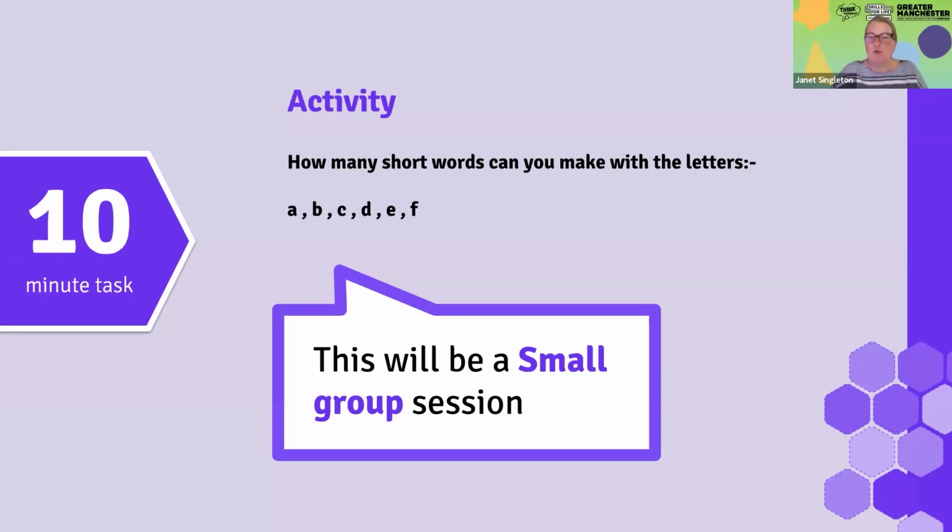Okay. Can any other room beat 26? So room 2, room 3. Anybody got more than 26? Go in the chat. Let's have a look. Okay, so nobody else got more than 26.